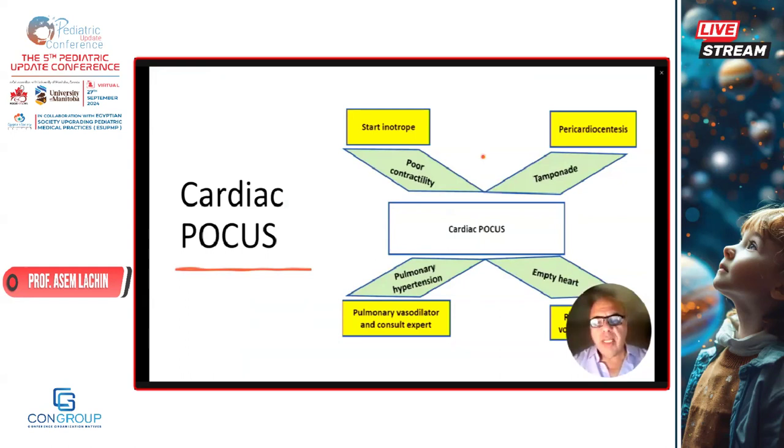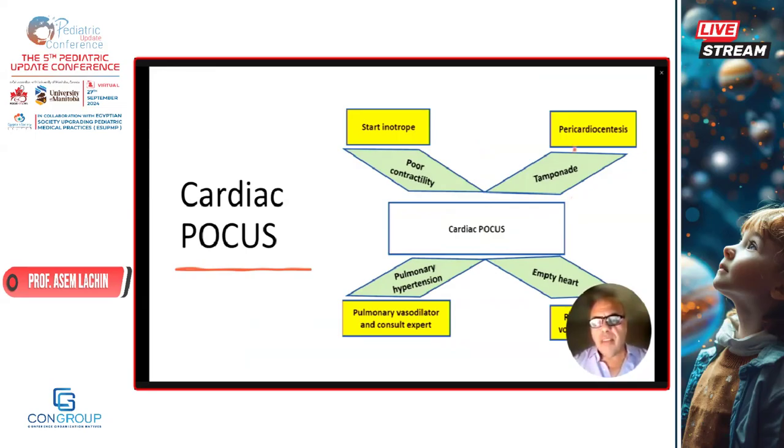The second module is cardiac POCUS. Again, we are not looking for congenital heart disease. We are not looking for the detailed functional assessment of the heart, but we are again looking for some specific indications.